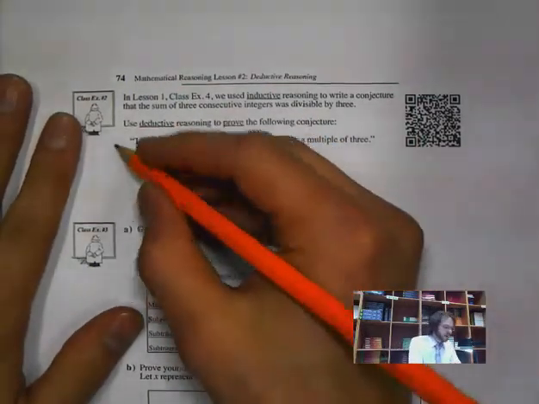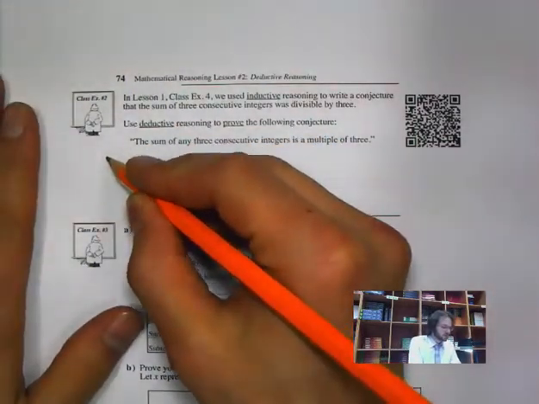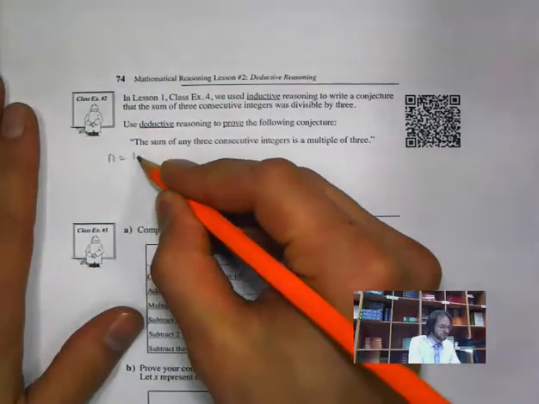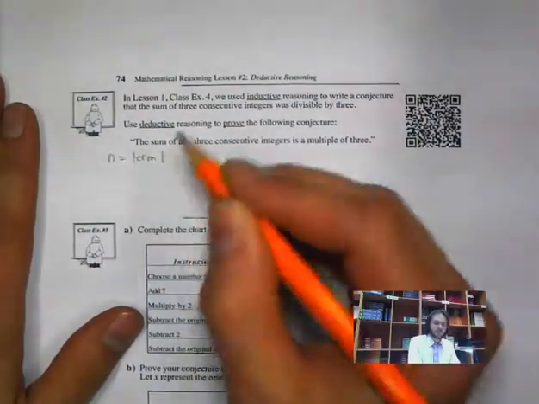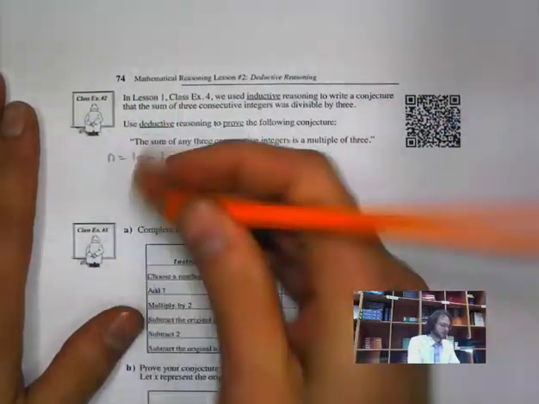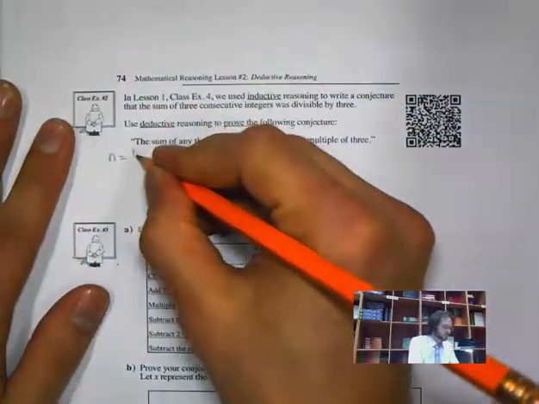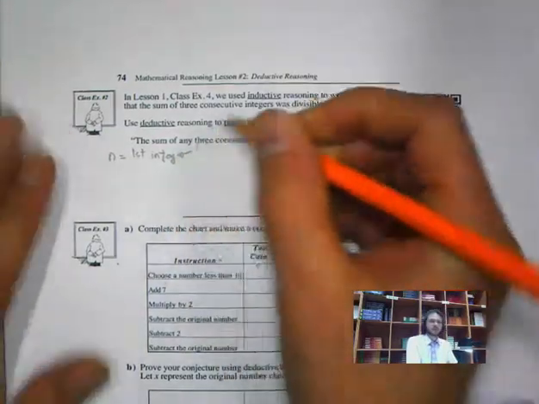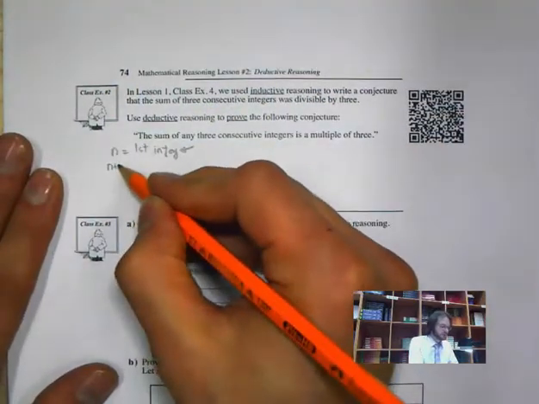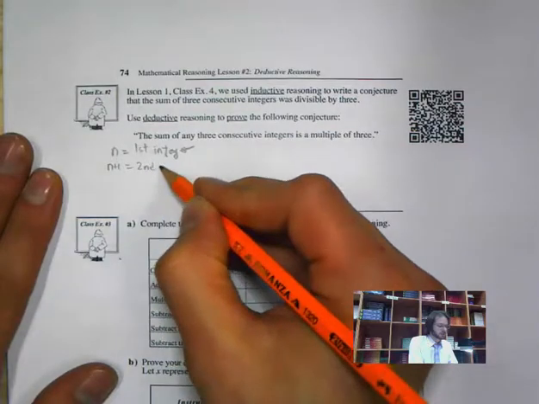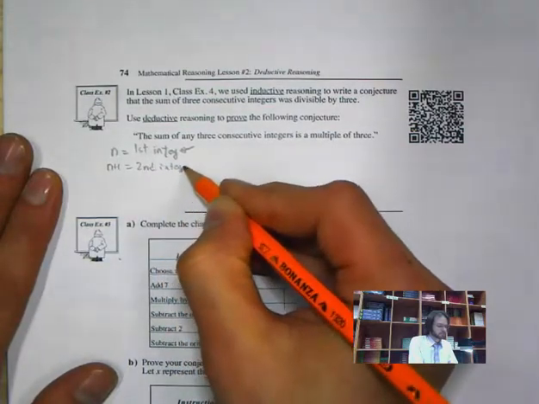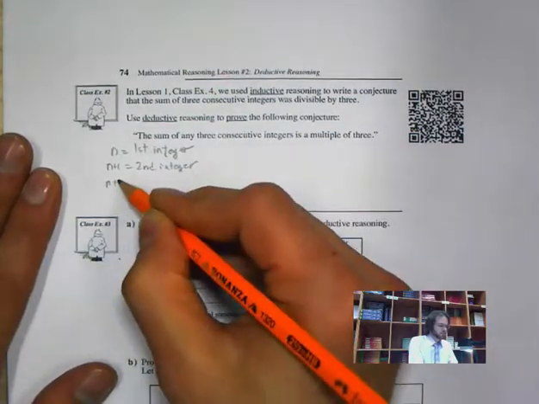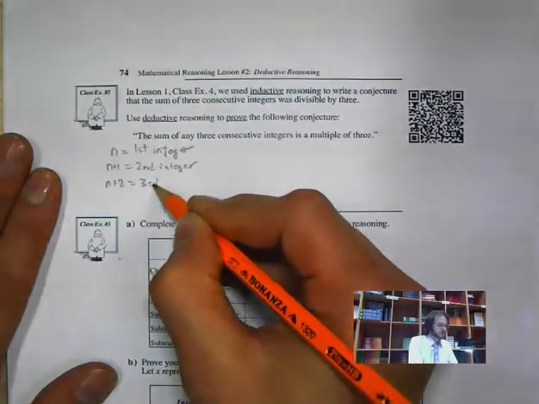So I'm going to start with n, equal to the first integer. We're going to put n plus 1 equal to the second integer, and n plus 2 equal to the third integer.